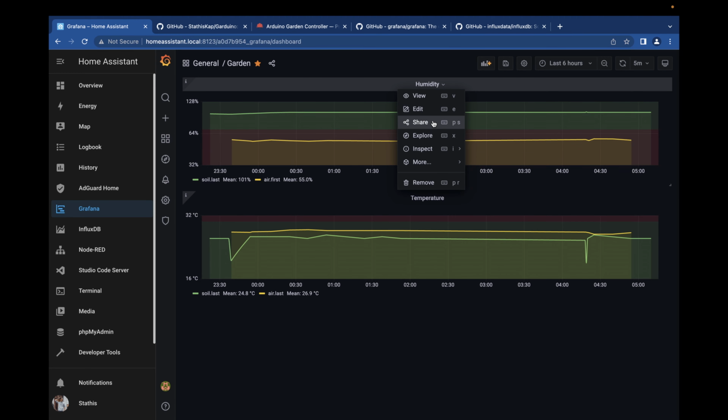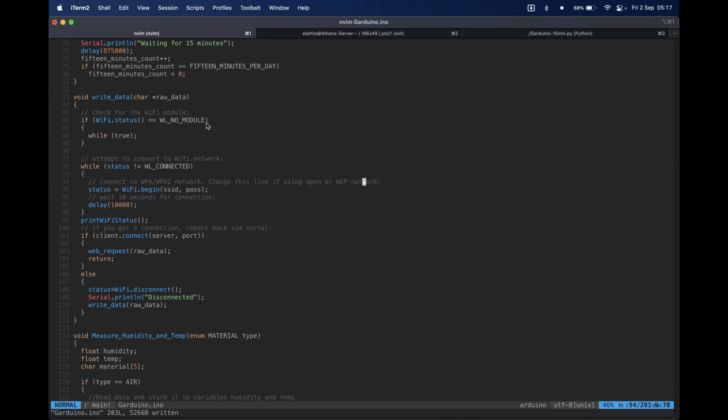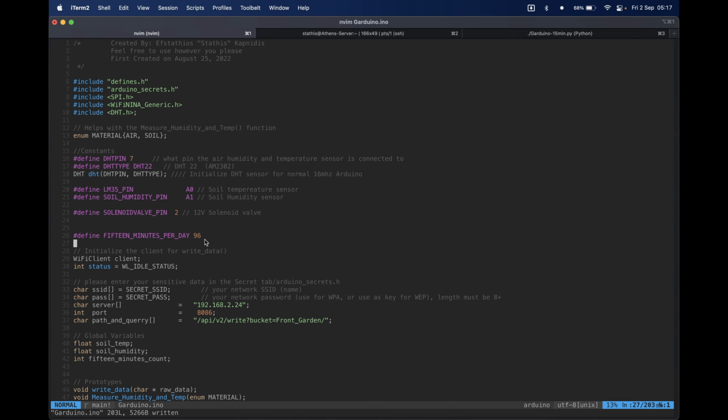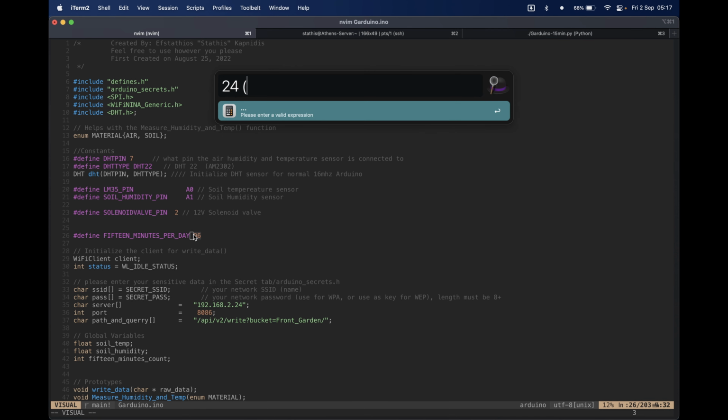So the way my implementation works is basically over here I'm counting how many 15-minute segments exist within a day. In 24 hours you have 60 minutes per hour, so if you divide that by 15 you get 96.